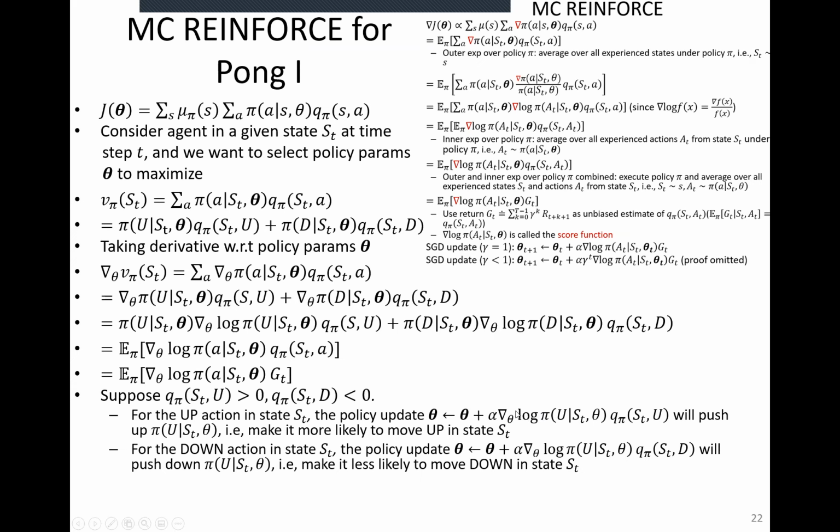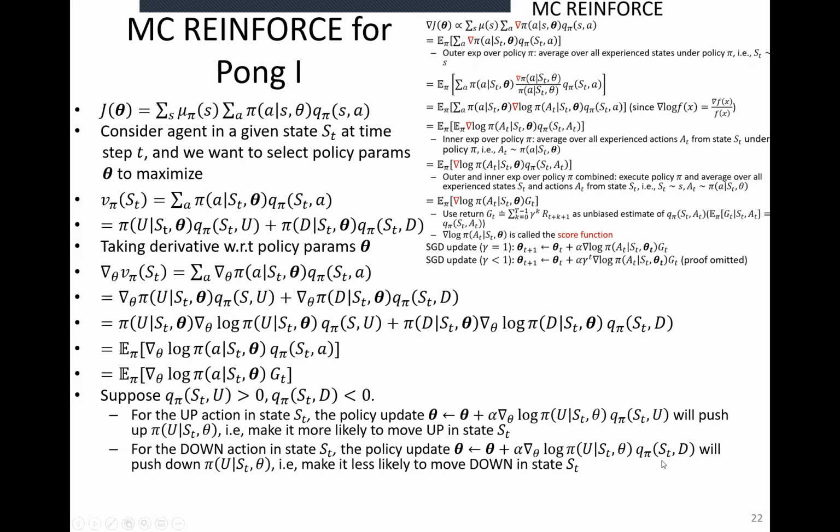Based on this formula, you're moving in the gradient direction of the log pi term, so it doesn't matter if it's increase or decrease. In fact, it's a vector of thetas. So some components of theta may increase, some may decrease, but it doesn't matter. What matters is that this particular update will push the pi of the up action up, making it more likely to move up in s_t. And similarly for the down action, it'll make it less likely to move down in s_t.